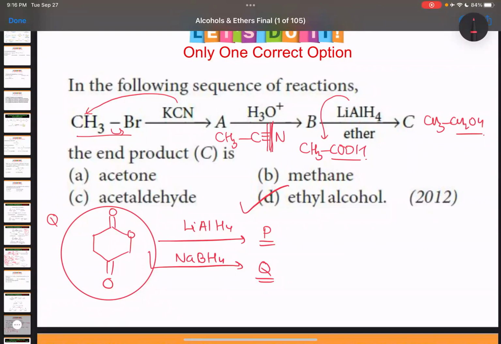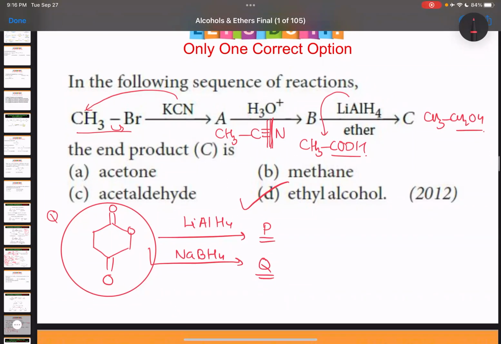Got it? How will we name this structure, sir? Actually, this you break with LiAlH4. Is it clear?